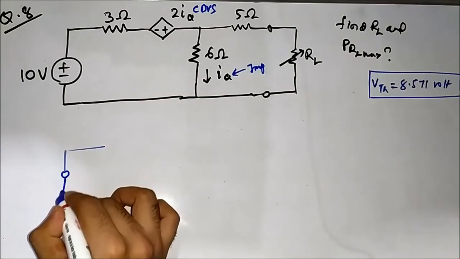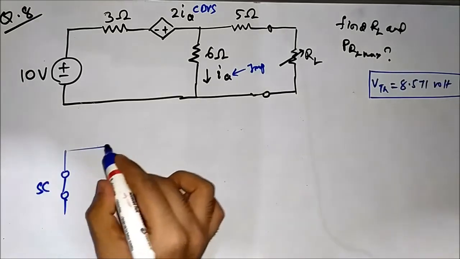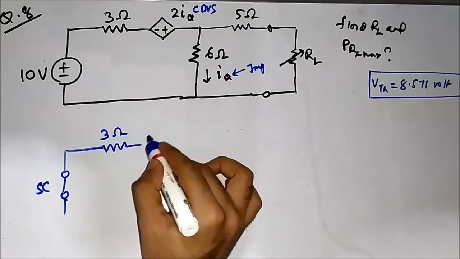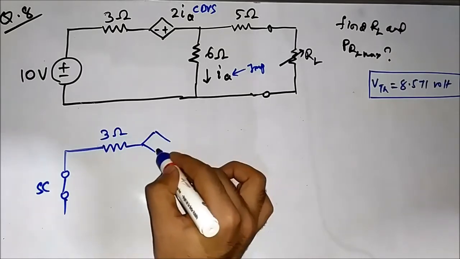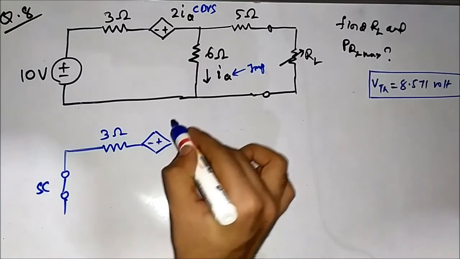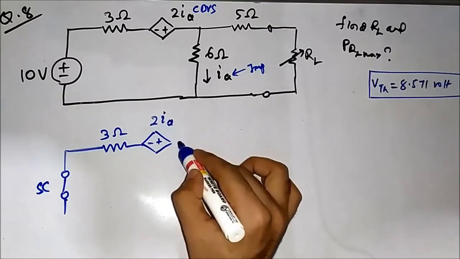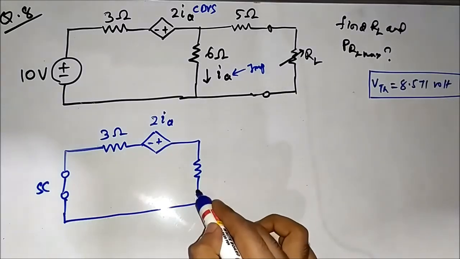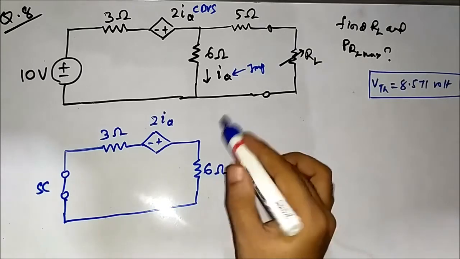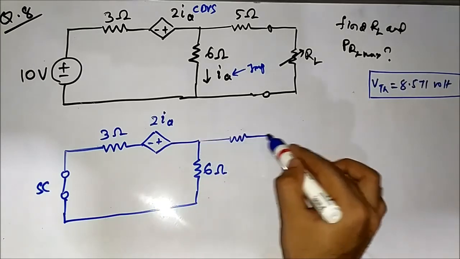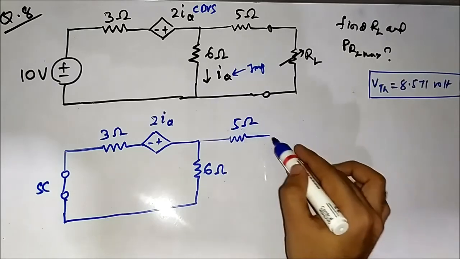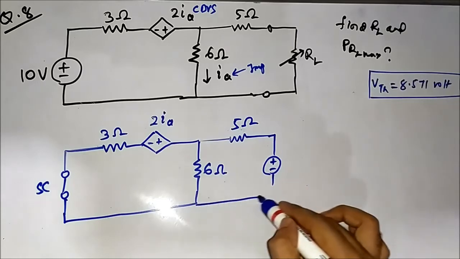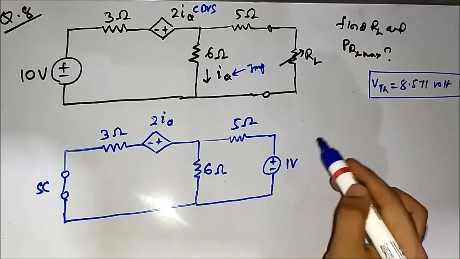And short circuited, then we have this 3 ohm resistor, then this 2IA current dependent voltage source, then 6 ohm resistance, then 5 ohm, and then we have to connect an external excitation which is 1 volt.